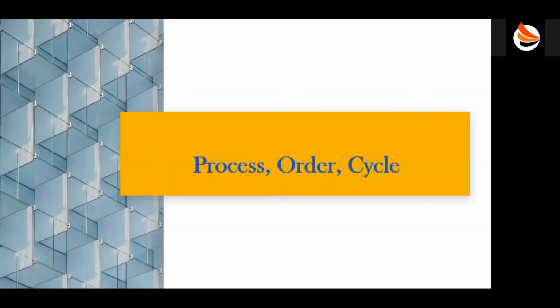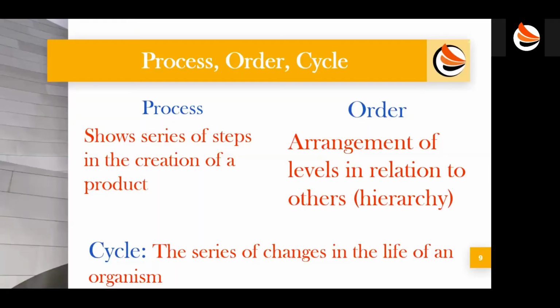Let's move on to look at the second category, process, order, or cycles. Process questions would show you a series of steps which are employed in the creation of a product. And it may be a process looking at the manufacturing of soap, of bricks, of bread, or any other product for that matter.